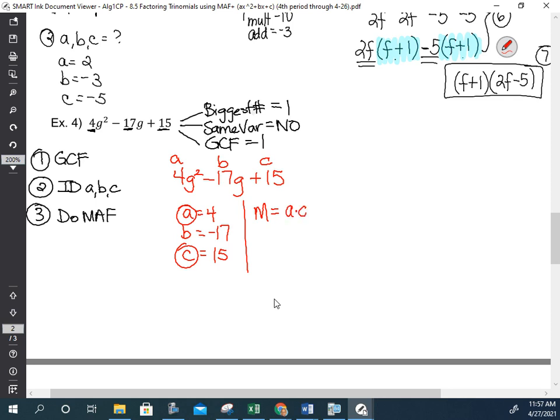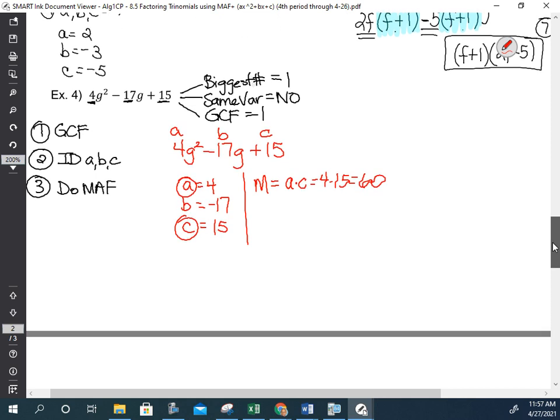So A times C is 4 times 15, that's 60. The A value is whatever B was equal to, so negative 17.